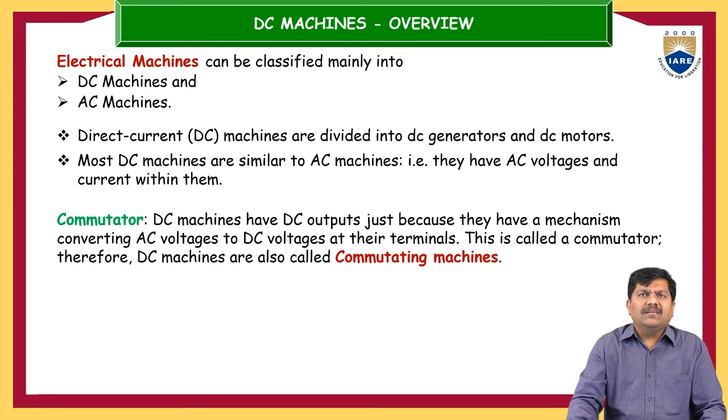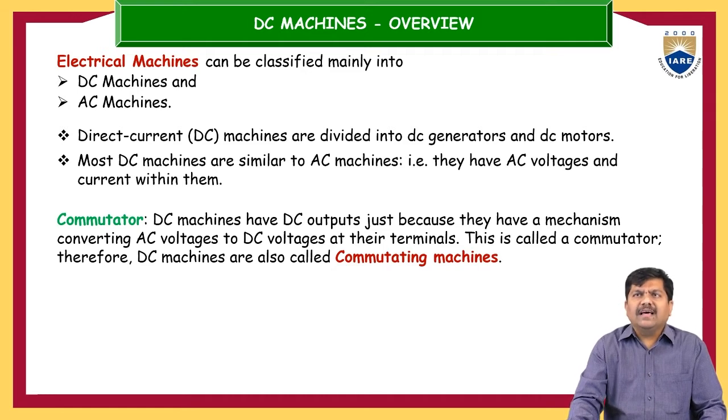Based on the equipment used and the orientation of the machines, especially field windings, there are many classifications, but broadly electrical machines are classified into DC machines and AC machines.